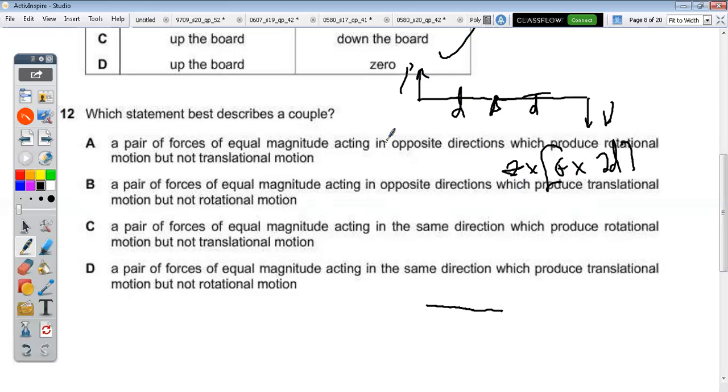So it's a pair of equal forces, equal magnitudes, acting in opposite directions, which produce a rotational but not translational motion. It always produces a rotational effect. Clear? That's your definition there. They've defined it for you. So the correct answer is 12. Yeah, that's what you mean by a couple.